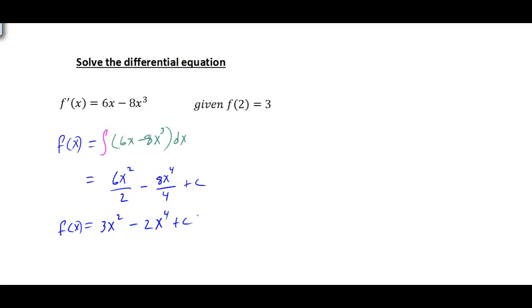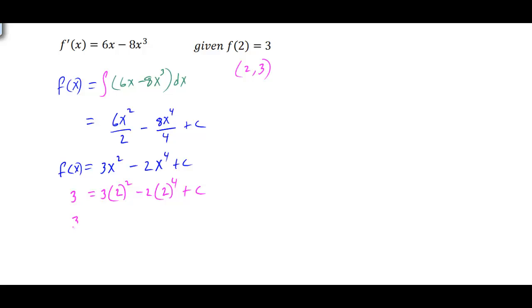And once again here we have f of 2 equals 3, so that means when x is 2, our y value is 3. So if we substitute that down here, f of x is our y value, so that means 3 is equal to 3 times our x, which is 2 squared, minus 2 times, in place of x we have 2 to the 4th, plus c.